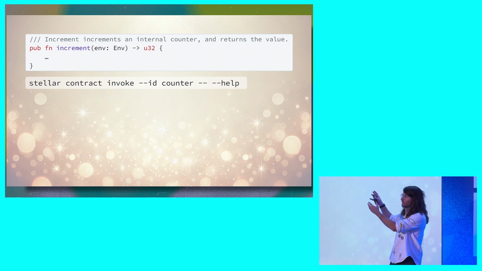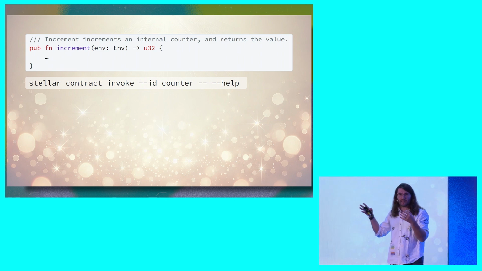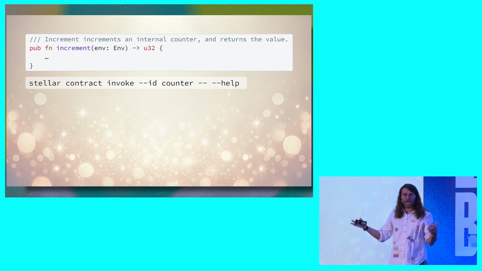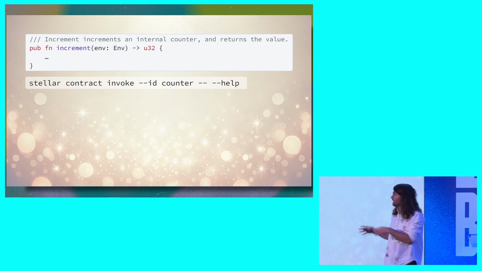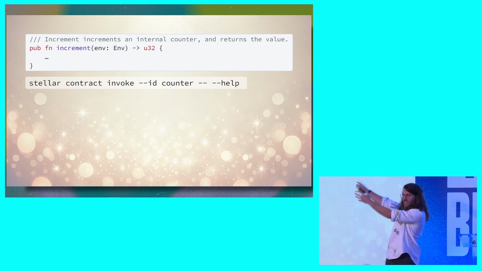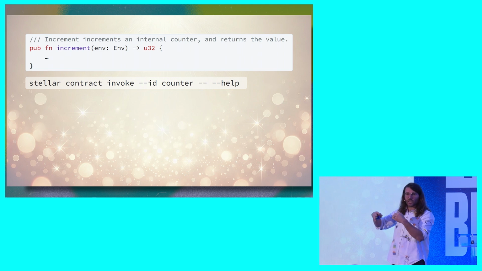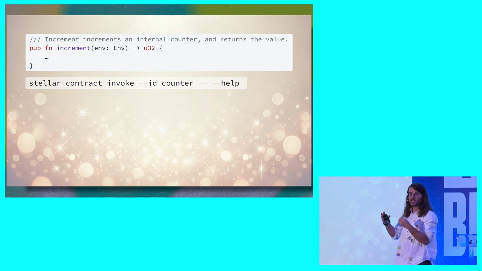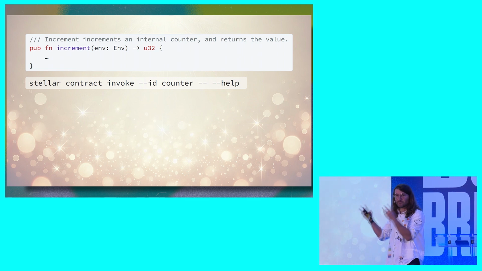The sub-process here is a CLI that's built on the fly from the smart contract, right? Stellar CLI is going to fetch the smart contract, parse the contract spec, pull out all of the information about what methods it has, and then all of those methods are going to be commands on this implicit CLI that's built on the fly.